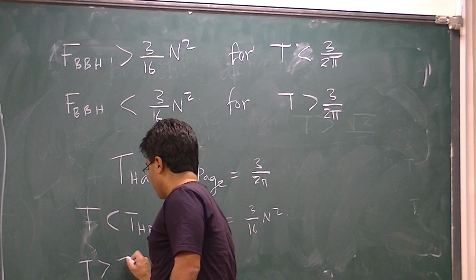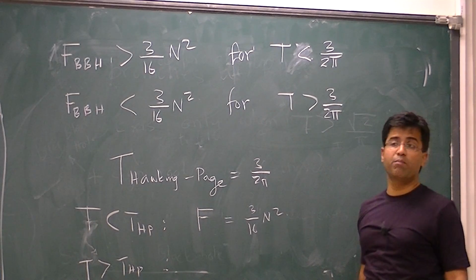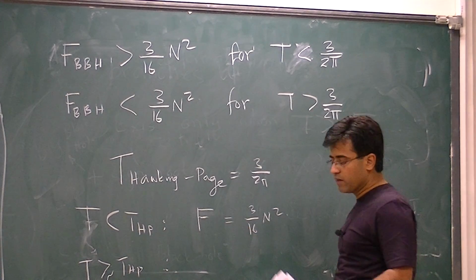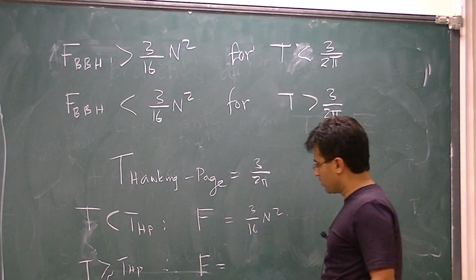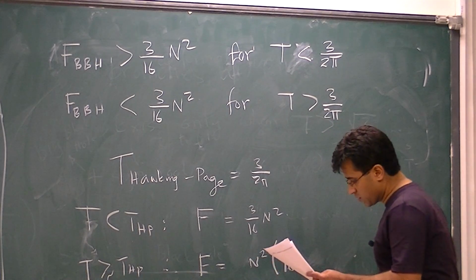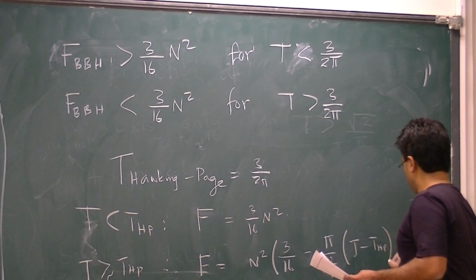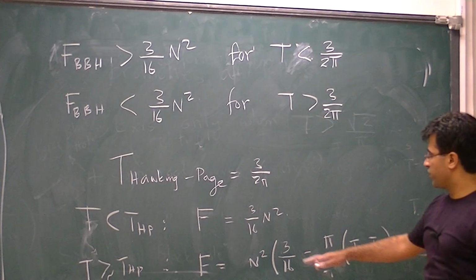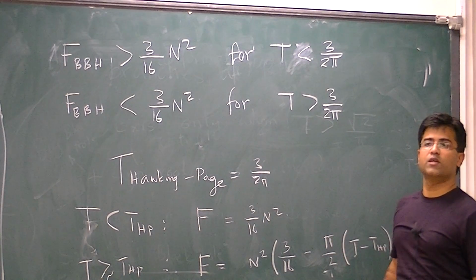For T greater than T Hawking-Page, the free energy is going to be the free energy of the big black hole solution, and we can look at what happens when the temperature is just slightly above the Hawking-Page temperature, and you find that the free energy of the big black hole solution looks like N squared times 3/16 minus etc. So close to the Hawking-Page transition, just above it, the free energy of the big black hole solution clearly is below the free energy of thermal AdS, which is 3/16 N squared.